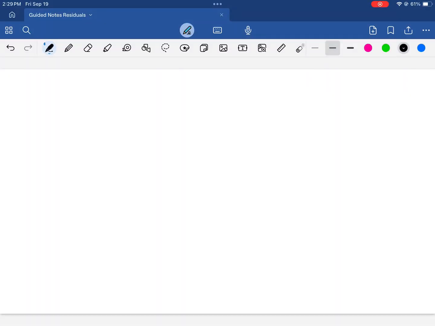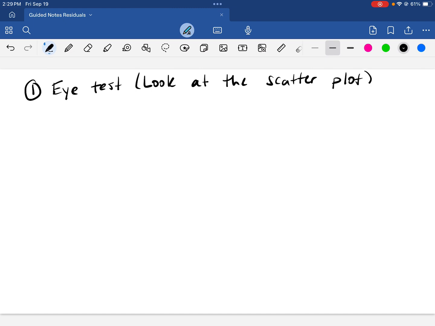So if you're trying to decide what's the best type of model for a set of data, the first thing you can always do is use what we said is the eye test. Actually looking at the scatter plot and deciding what you feel like it looks like. Does it look quadratic?